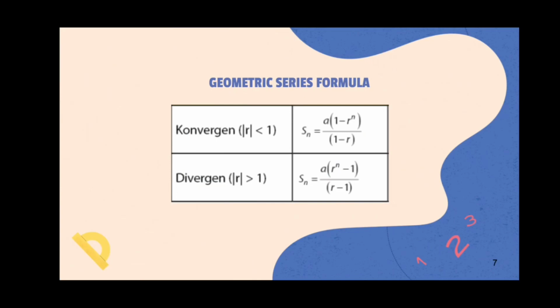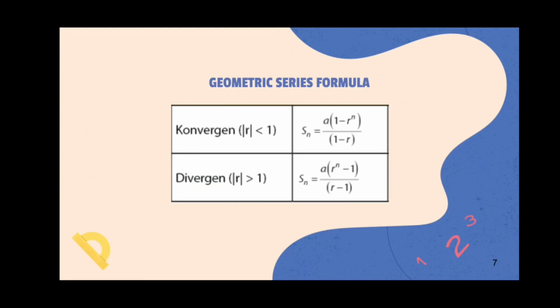Firstly, convergent, I mean when the ratio is less than 1, we use the formula S sub n, or we can say sum of n, is equal to a times brackets of 1 minus the ratio to the power of n, divided by 1 minus the ratio.